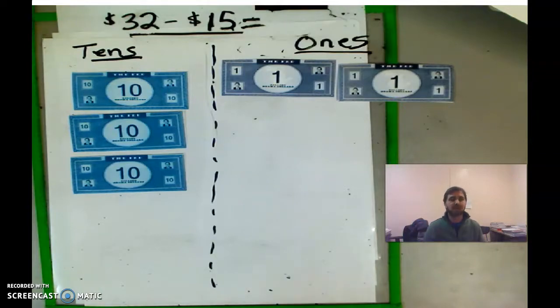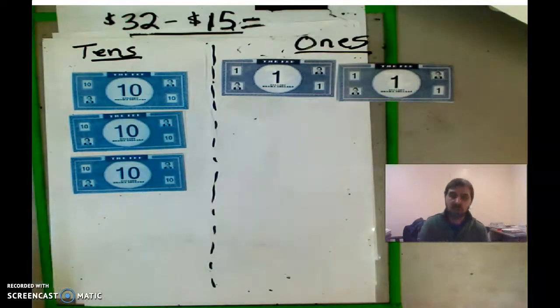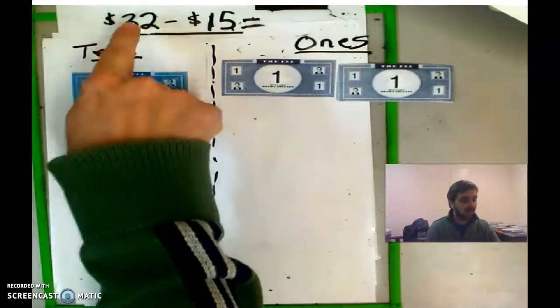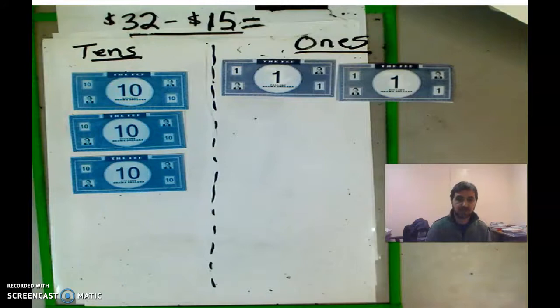Ooh, maybe I buy a nice sandwich, like a sub, with some chips and some water, ginger ale. I love ginger ale. I don't drink it very often because it's not good for me, but I do enjoy it. So I spend $15, okay? So how much am I left with? So I'm subtracting $15 from 32, okay?